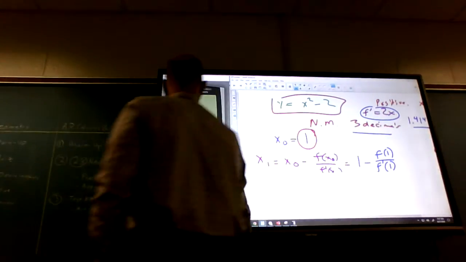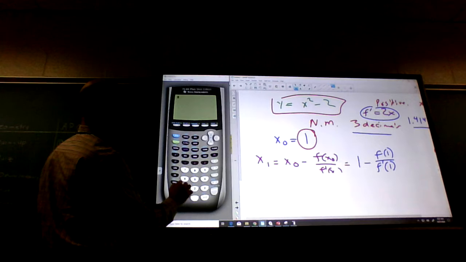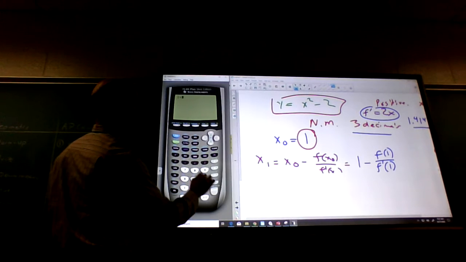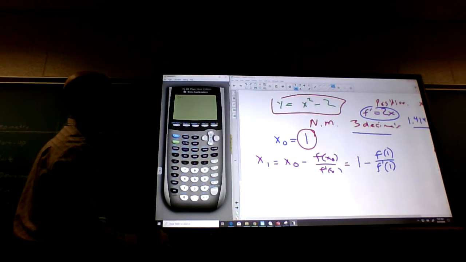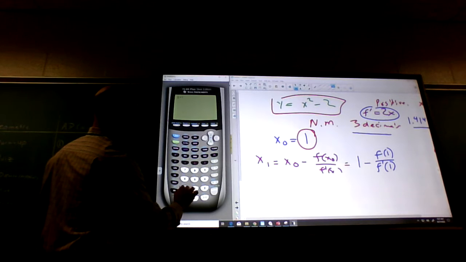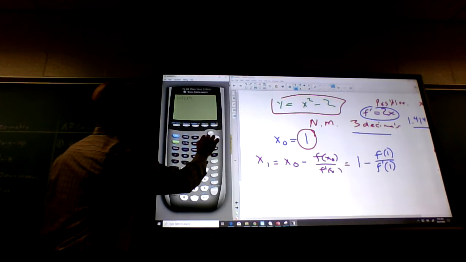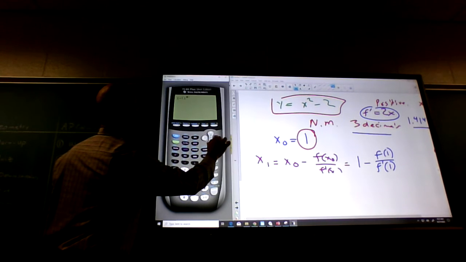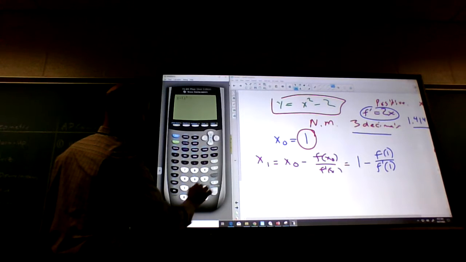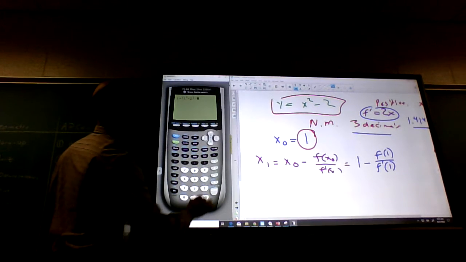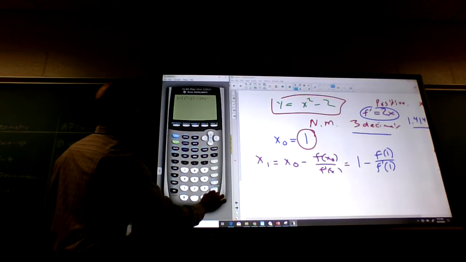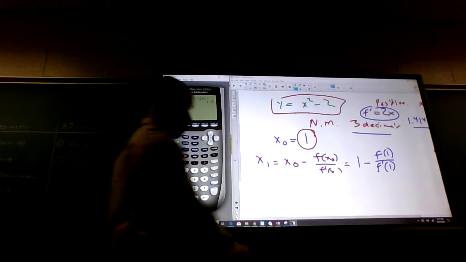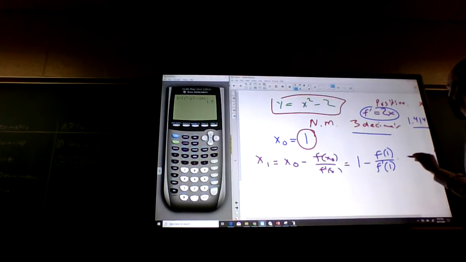So how I could do this with my calculator is I'm going to do 1 minus the parentheses of 1 squared minus 2, and then we're going to divide that by 2 times 1. And so our first calculation turns out to be 1.5.